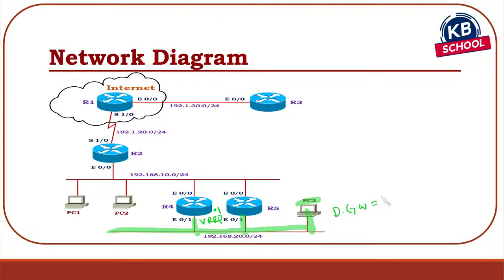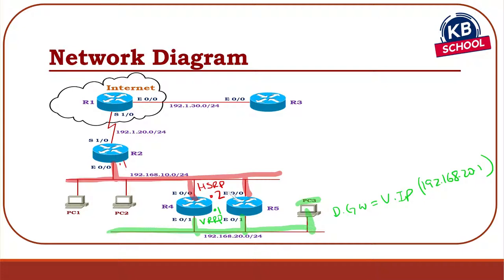The virtual IP here is 20.1. Now at the same time, on the other segment, which is the outside segment, I've done the same thing over here. I'm running HSRP over here, and because this is .1, I couldn't use .1 as the address.